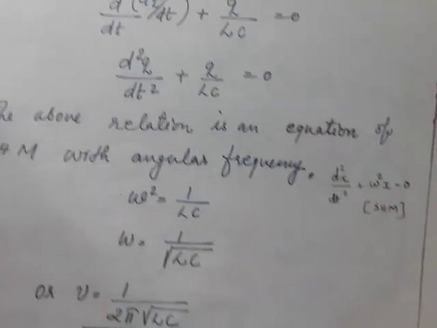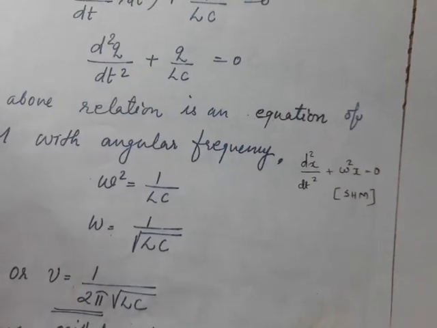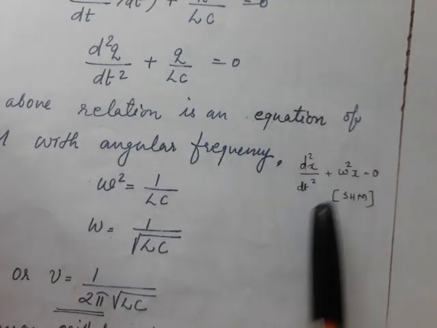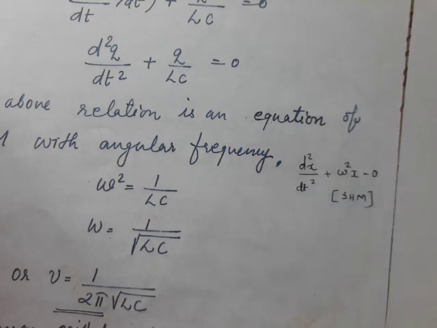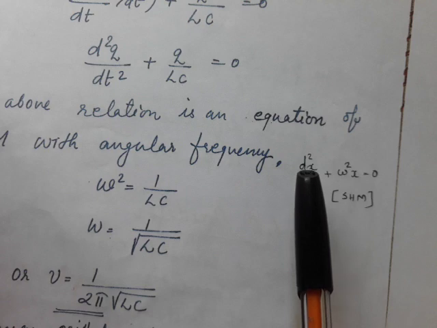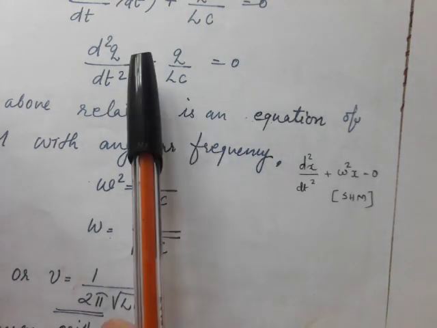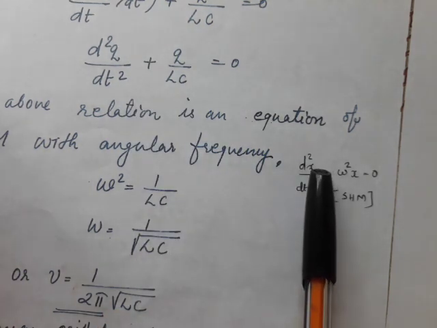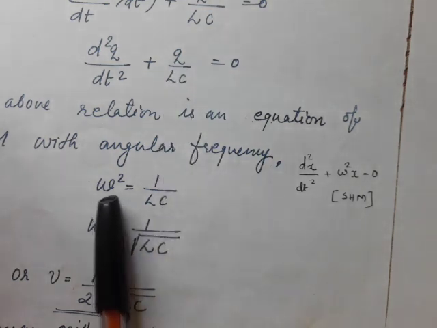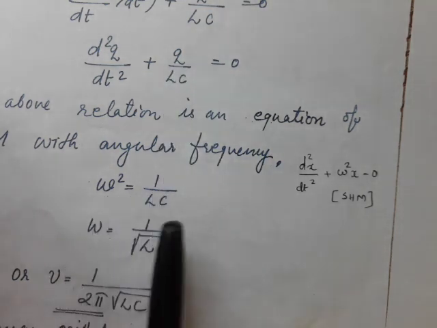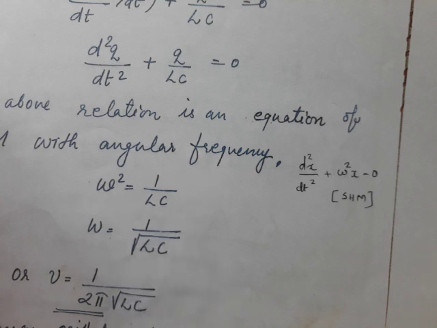So let's see those equations again. This was the equation d square x by dt square plus omega square x equal to 0. So here instead of x we have q, and instead of omega square we have 1 by LC. So omega square is 1 by LC. Omega is 1 by root of LC.